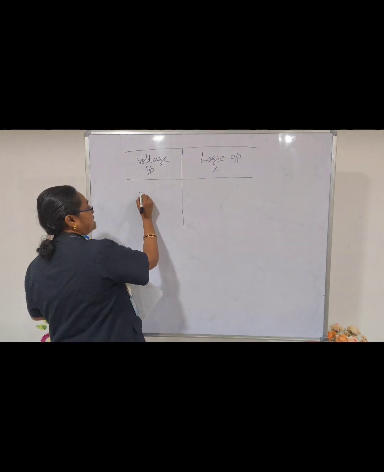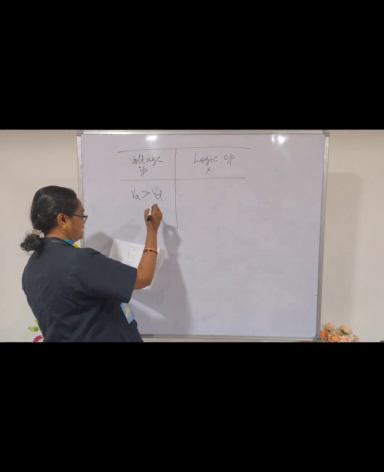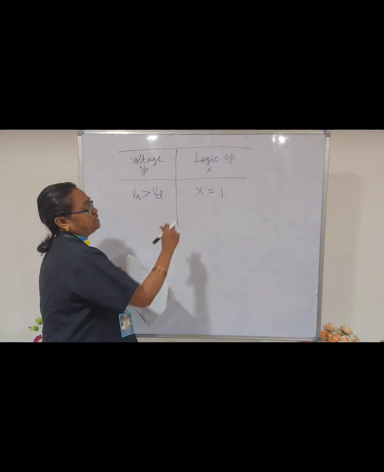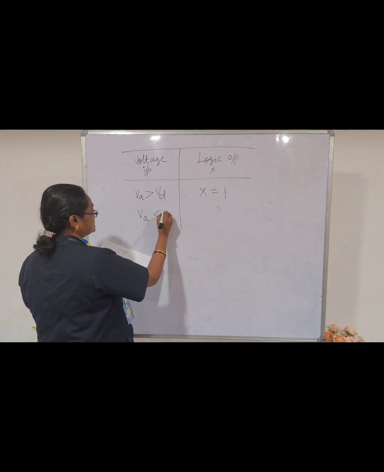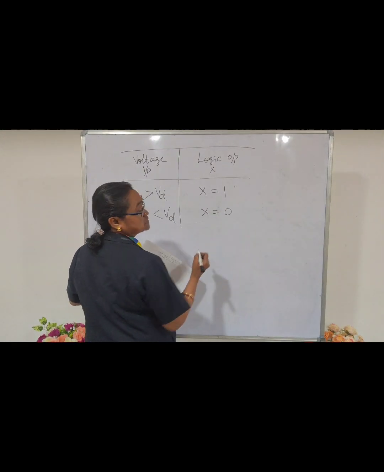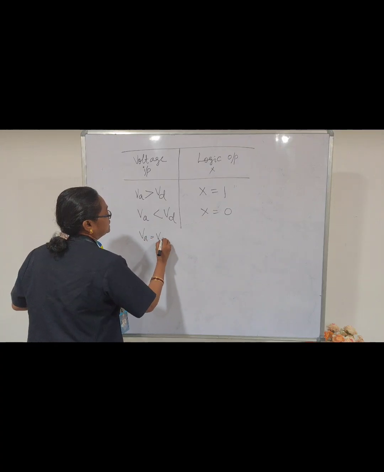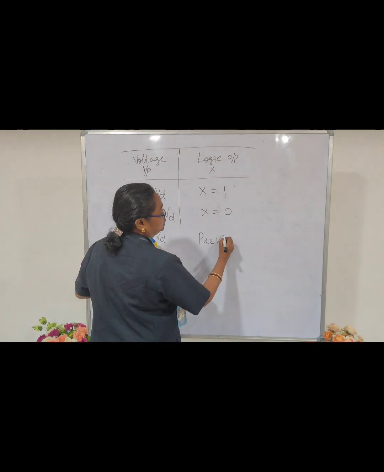If VA, the analog voltage, is greater than VD, where D represents the reference voltage, your output should be 1. If VA is less than VD, your output is 0. If VA equals VD, it maintains its previous value.